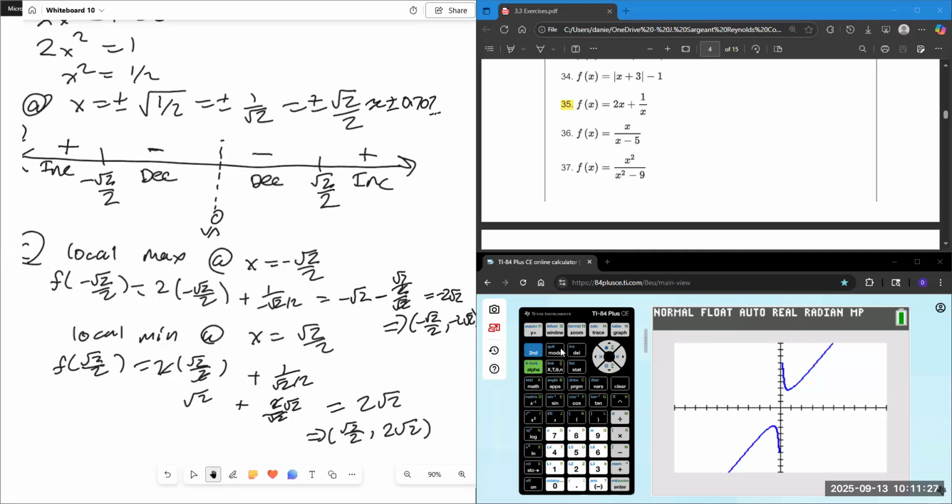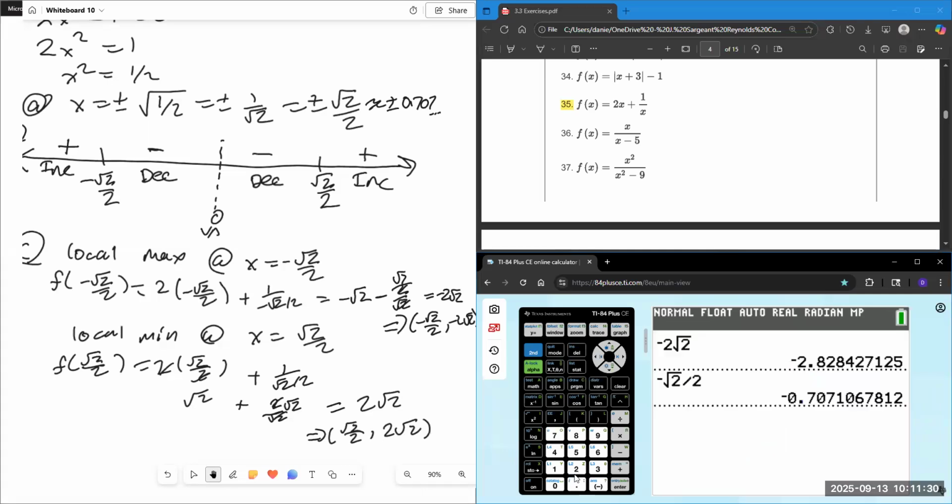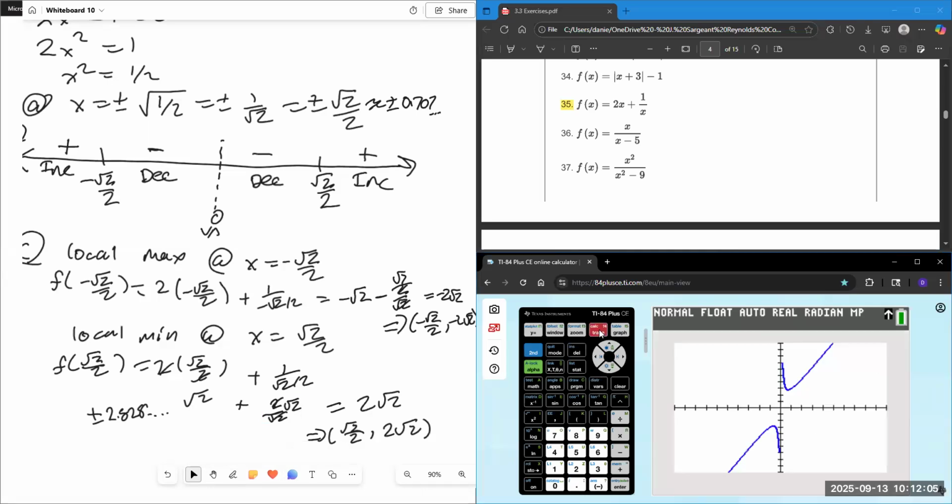Second, quit just to show you what 2 root 2 is. So we're looking for y values that are plus or minus 2.828 something, something, something. So when we come here to the graph, second, calculate.